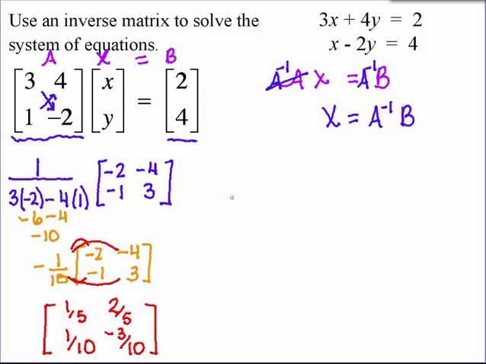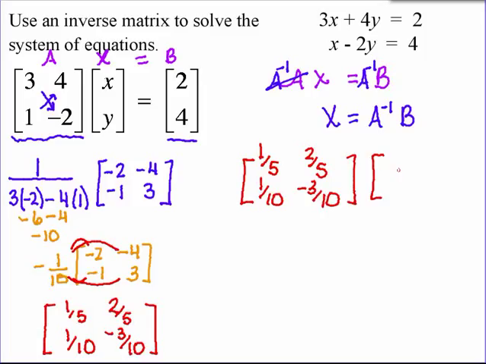Now I'm going to take that times B. So I've got 1/5, 2/5, 1/10, negative 3/10, and I'm going to take that times matrix B, which is 2, 4. In order to do that, you use your matrix multiplication rules: take row 1 times column 1.